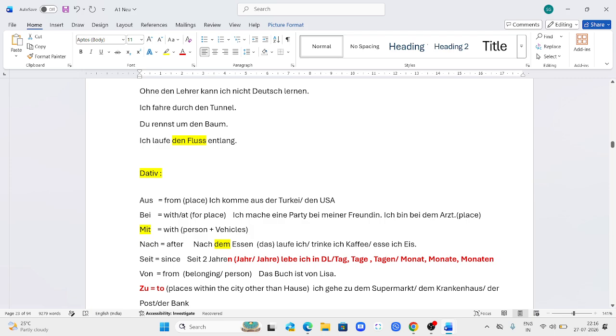I've just written a few sentences. First one you can see here. Ohne den Lehrer kann ich nicht Deutsch lernen. What do you mean by this? Ohne means without.